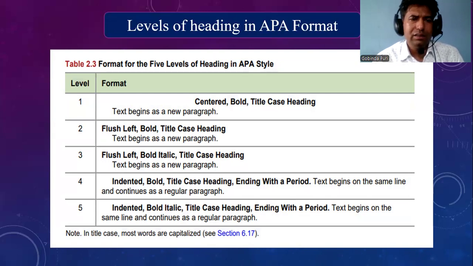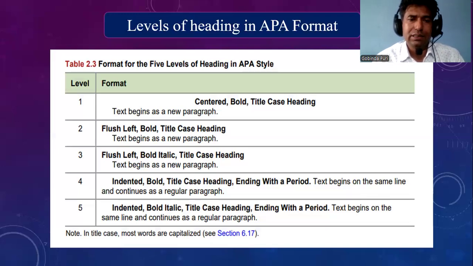The second level of heading goes to the left side, flush left, bold and title case. The text begins as a new paragraph after the second level of heading. The third level of heading is also flush left, bold, italic, and title case.